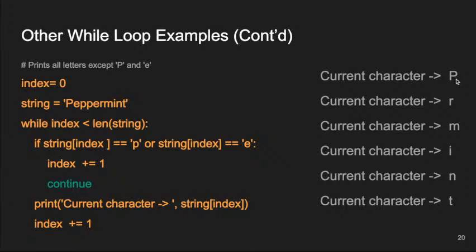You notice that capital P is printed out because, like I told you in an earlier lecture, the Python language itself is case sensitive, and because it is case sensitive, it doesn't treat small letter p as capital letter P. So you need to be careful with the code that you write.